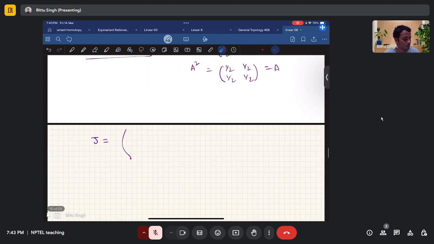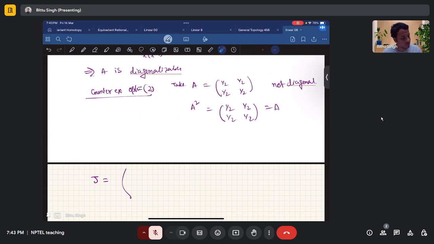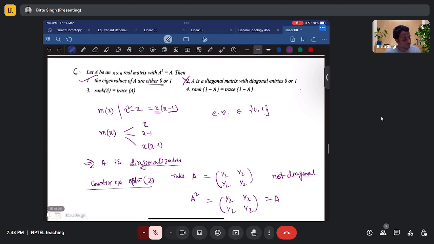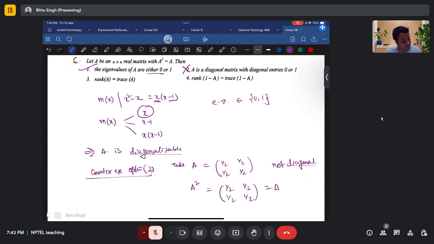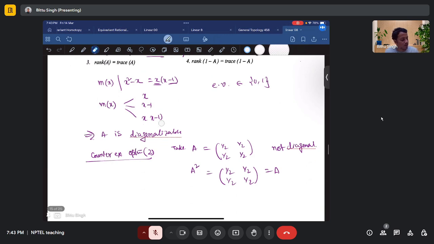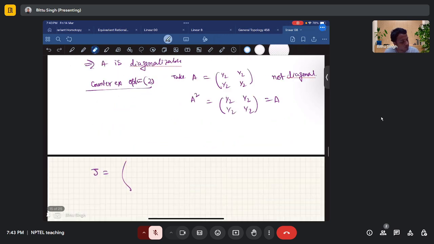So the Jordan canonical form will consist of some zeros and some ones. In this case, all entries will be zero. In this case, all those entries will be one, and there is another mixed case. So the possible Jordan canonical form will be like this: some 1, 1, 1 and some zeros.